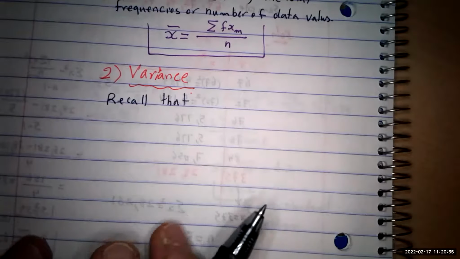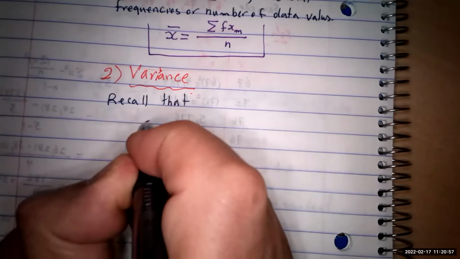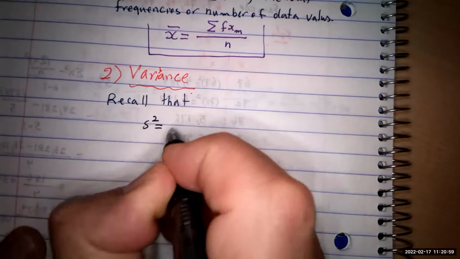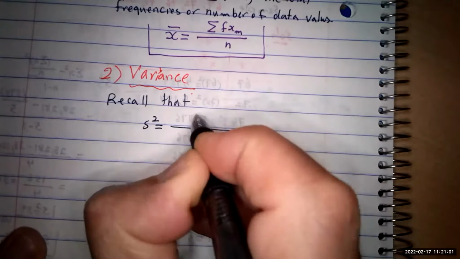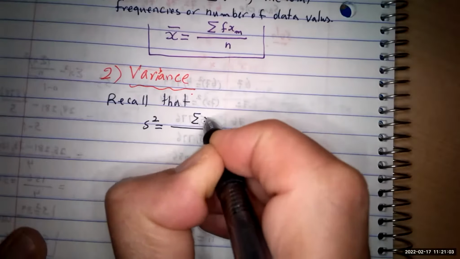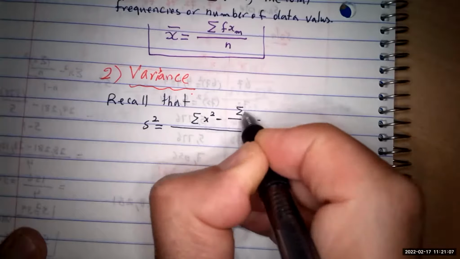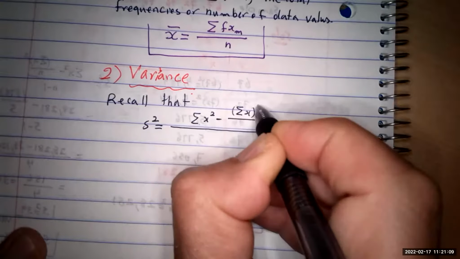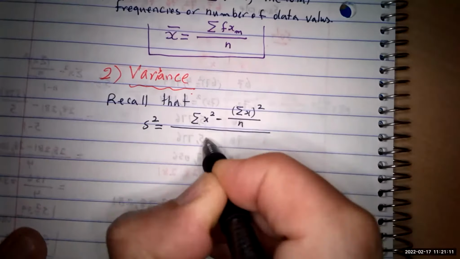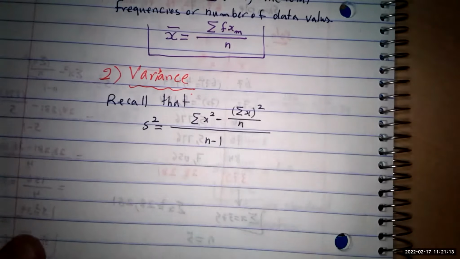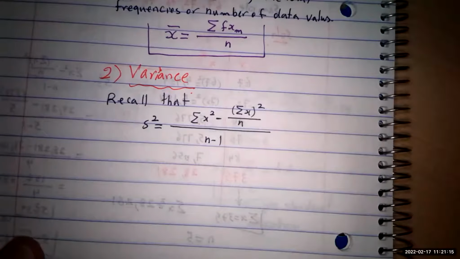The ordinary one is S squared equal to sigma X squared minus sigma X all squared divided by N, all over N minus 1. Now you replace the X's by XM.